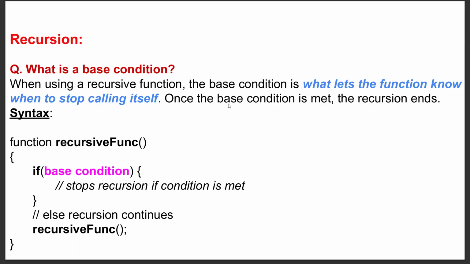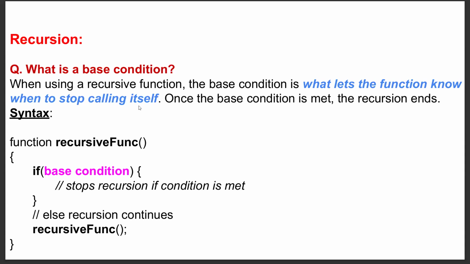Now let's talk about the base condition. We have seen 2 programs. Please focus on the blue color. The base condition lets the function know when to stop calling itself.